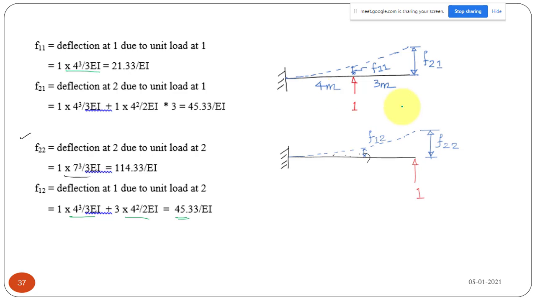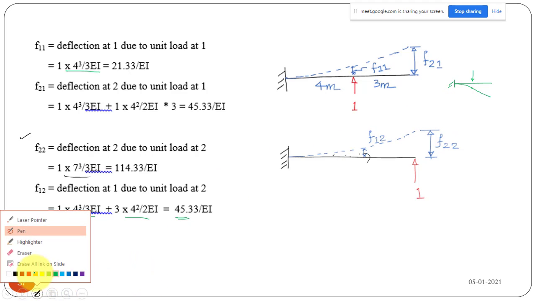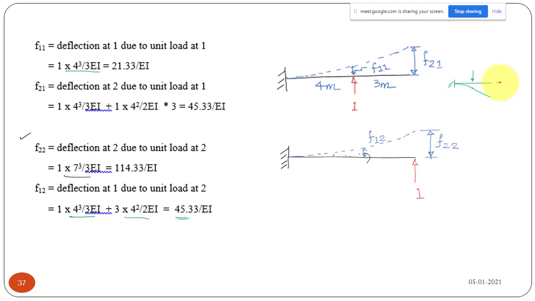F21 we can directly find like this. We have a beam and a load here, so it will deflect up to this point. It will have bending, and after that we don't have any bending moment in this part, so it will remain straight. Now I can easily find this deflection delta 2.